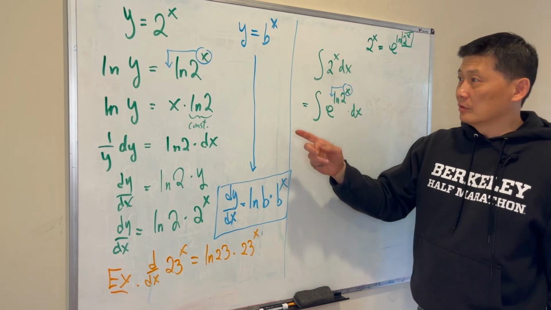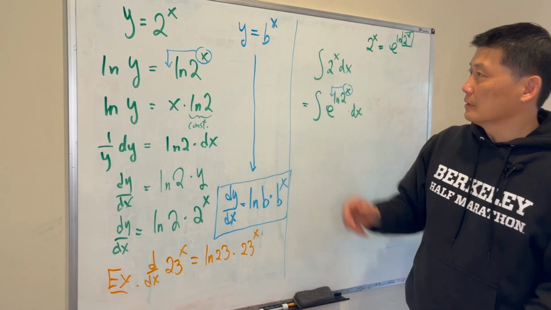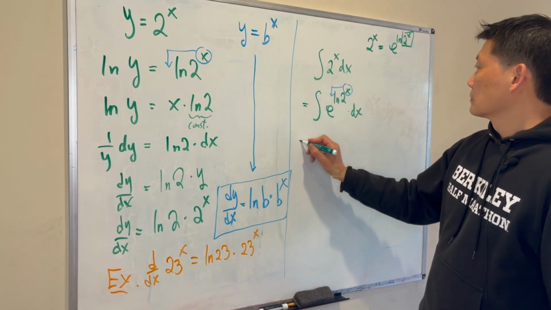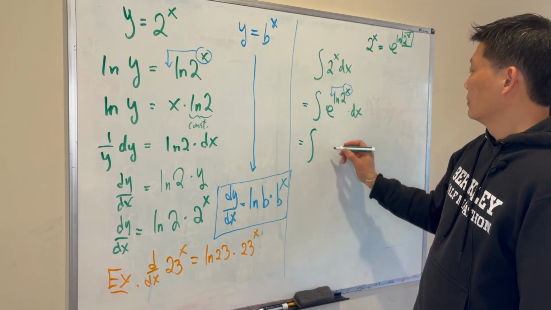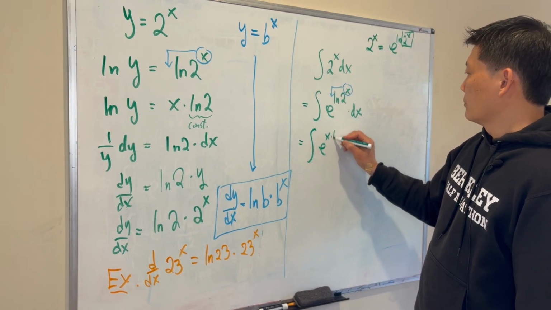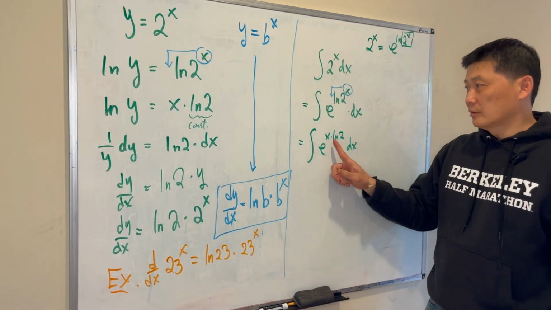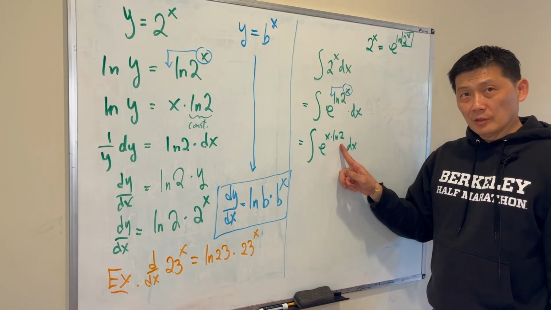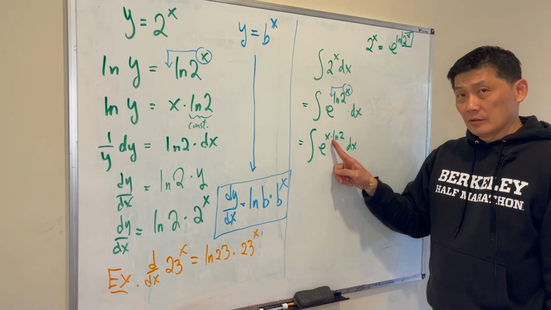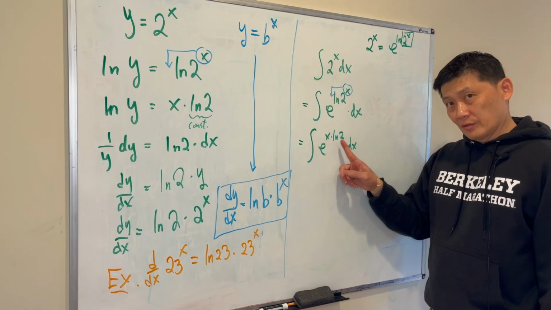Very similar to right here. So I have the integral of e to the x times ln 2 dx. Now remember, x times ln 2 is a number, so I can also rewrite this as ln 2 times x, right?